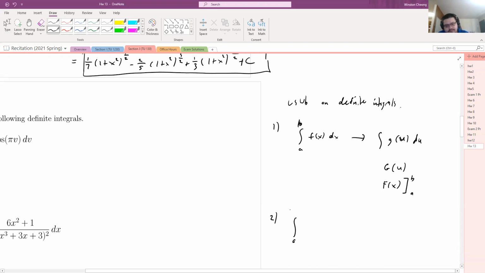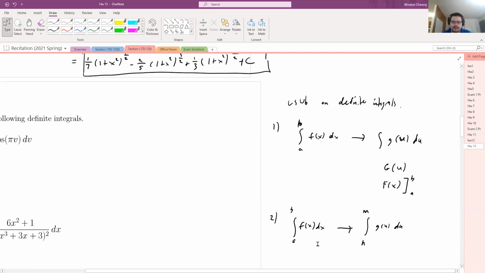The second approach is when you perform the u sub, not only do you convert the integral over, but you also convert the limits over. One thing is that these limit values don't need to match up. They might convert into some other numbers, n and m.